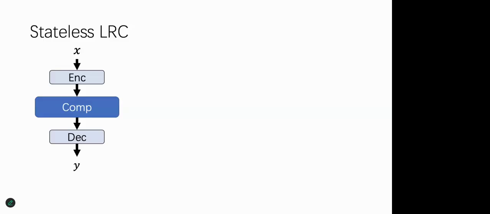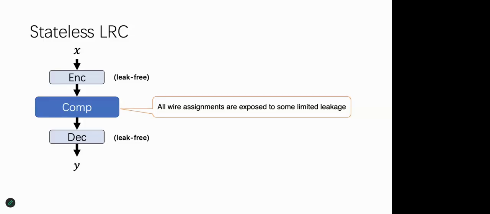There are two main types of leakage-resistant circuits. The first one is stateless LRC. Let X and Y be the original input and output. In a stateless LRC, the computation algorithm on input the encodings of X can output encodings that can be decoded to Y. The encoder and the decoder are assumed to be leak-free here, but all the wire assignments in the computation phase are exposed to some limited leakage.